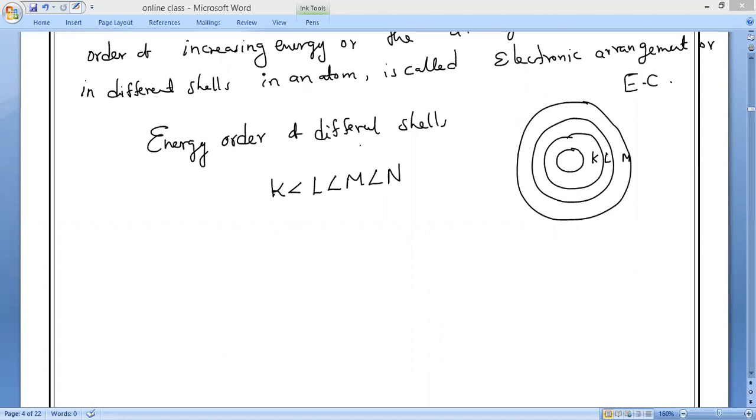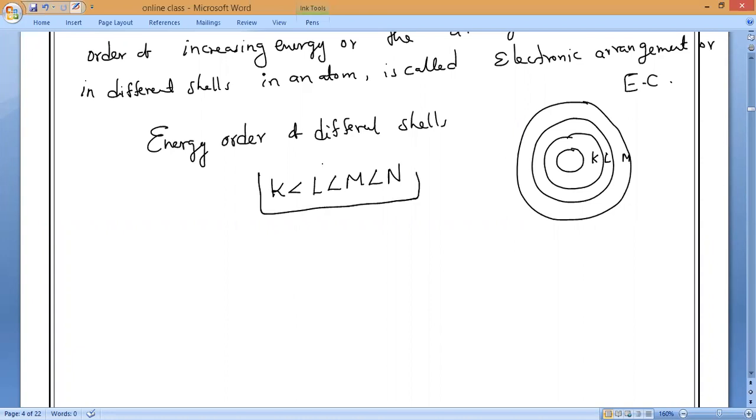So this is the energy level order: K, L, M and N. The highest energy level is N, and the lowest energy level is K. The shell which is near to the nucleus always has low energy. Who is near to the nucleus? K. That is what you have to remember. The shell which is near to the nucleus has low energy.